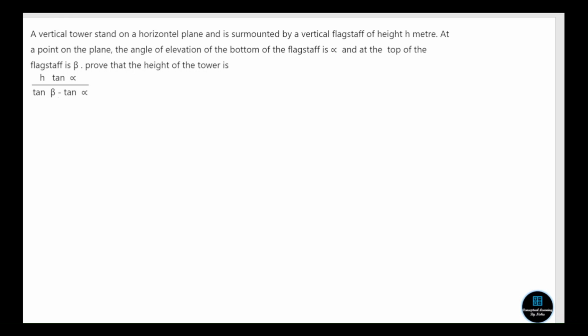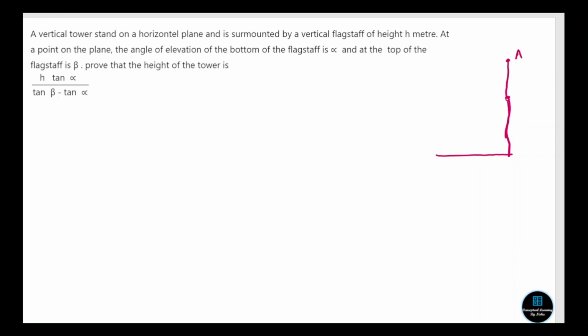Now what they are saying, a vertical tower stands on a horizontal plane surmounted by the vertical flagstaff of a height of h meter. So they have given that this is the ground, okay? Then the tower is over here. This is the tower, and above that there is one more flagstaff. So this is the flagstaff, okay?